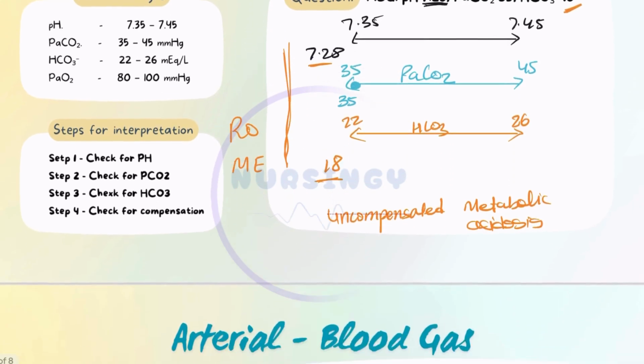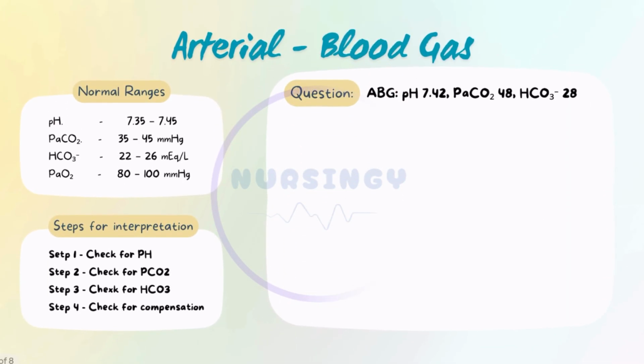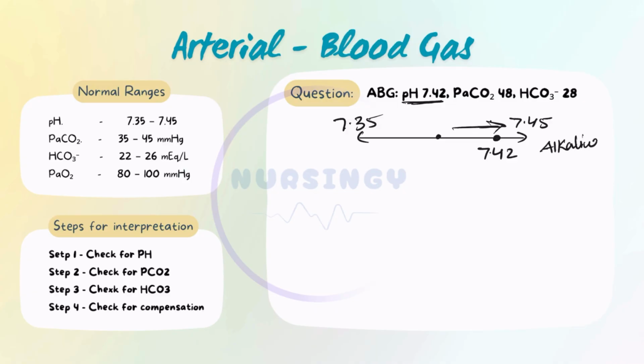Next one, let's do our last example. In this patient we have an ABG value where pH is 7.42. So we will make a line. Again 7.35 to 7.45 is our normal, but here the patient is coming with a pH of 7.42, that is going here. If we see 7.40 here, it is more inclined toward the alkaline, so this will be an alkaline patient.